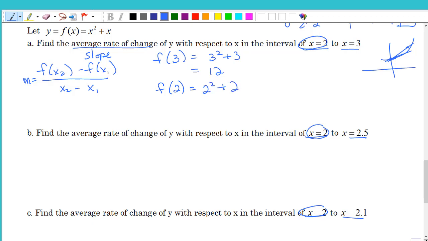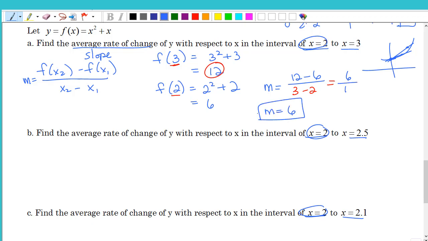So that's 2 squared plus 2. What is that? 4 plus 2 is 6. So my average rate of change, or my slope, is 12 minus 6. Remember, I did the 3 first, so that means I need to do the 3 first on the bottom. So I have 6 over 1. So the average rate of change between 3 and 2 is a slope of 6.